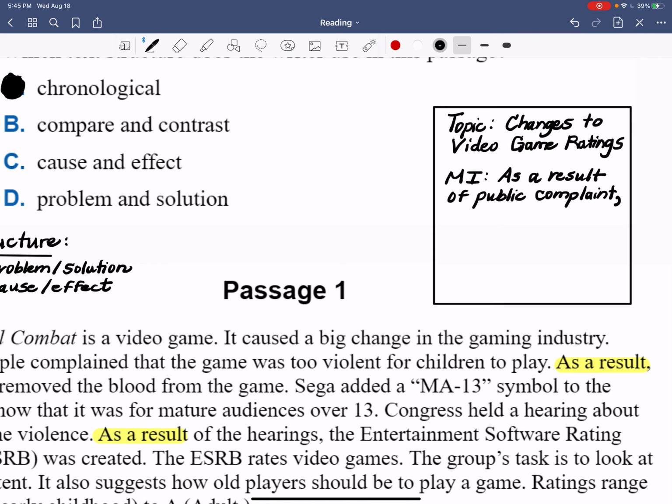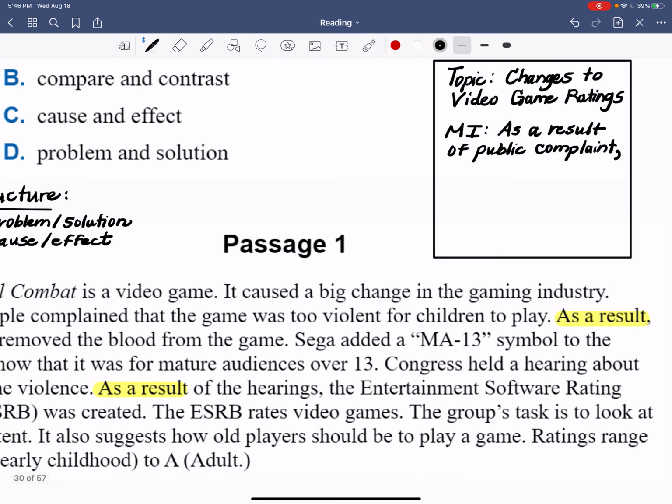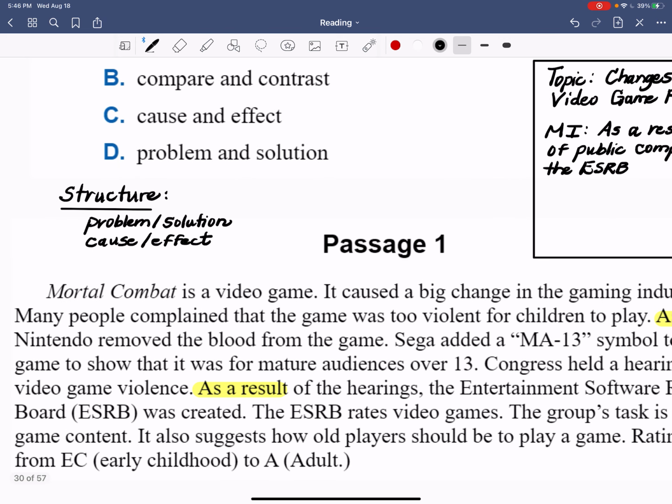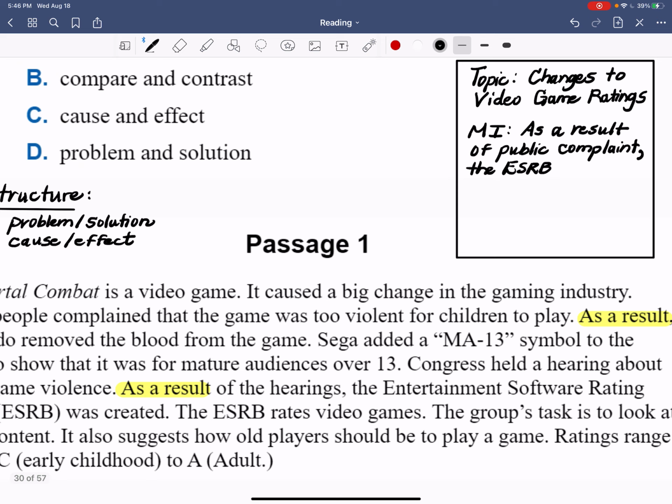As a result of public complaint, Congress, well, let's not say Congress, the ESRB, and remember what that means, Entertainment Software Rating Board, was created. So there is a solution to the problem.